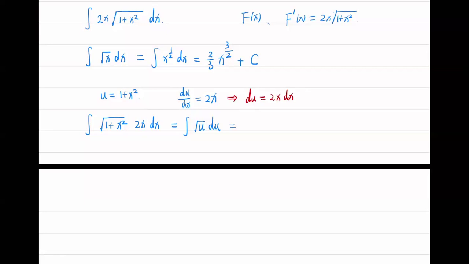Okay, Zichen, could you find an antiderivative for this one? The integral of the square root of u du. Let's compare with the previous formula. What's the difference? So what's the result?